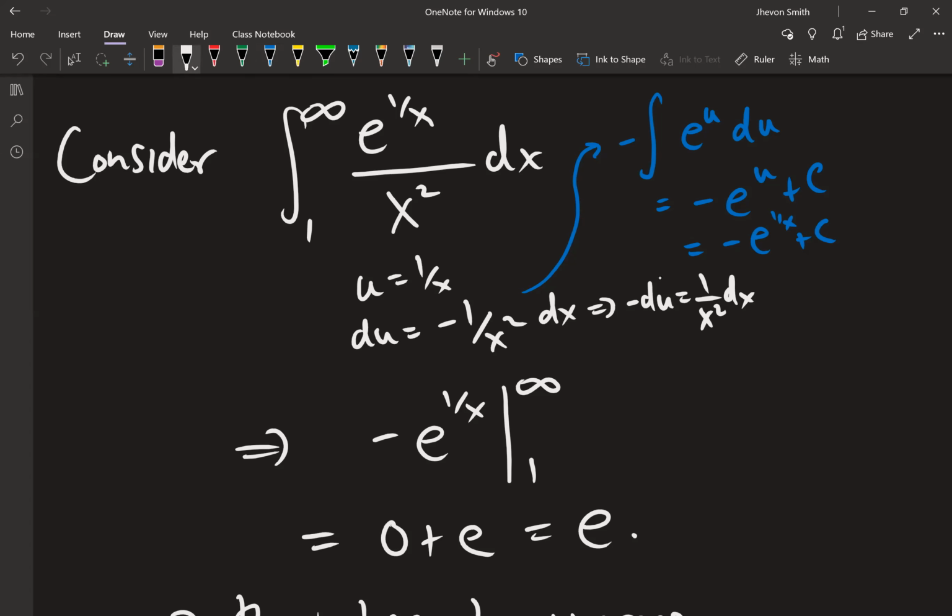If it was from negative infinity to 0, what would the answer be? Well, in context, that would not happen.